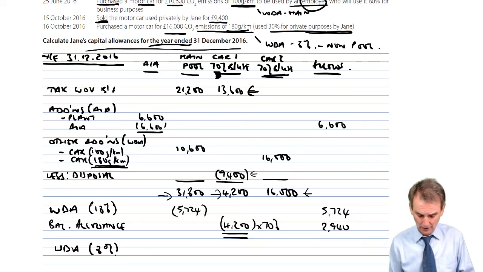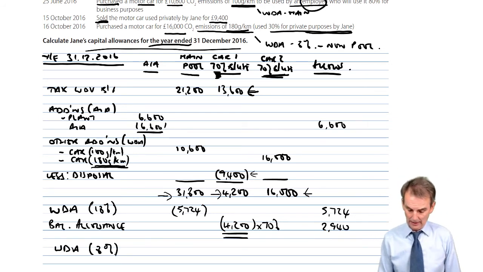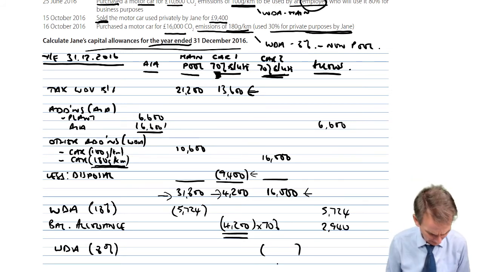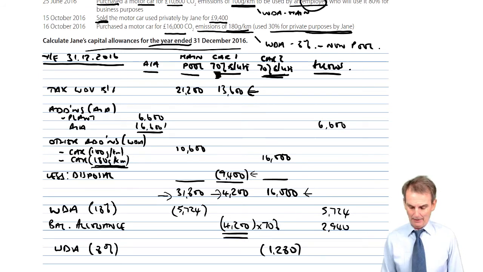And it is, of course, a mere 8%. 8% on 16,000, again, use your calculator, calculate what that comes to, and that would appear here to be £1,280. Let's check those numbers.